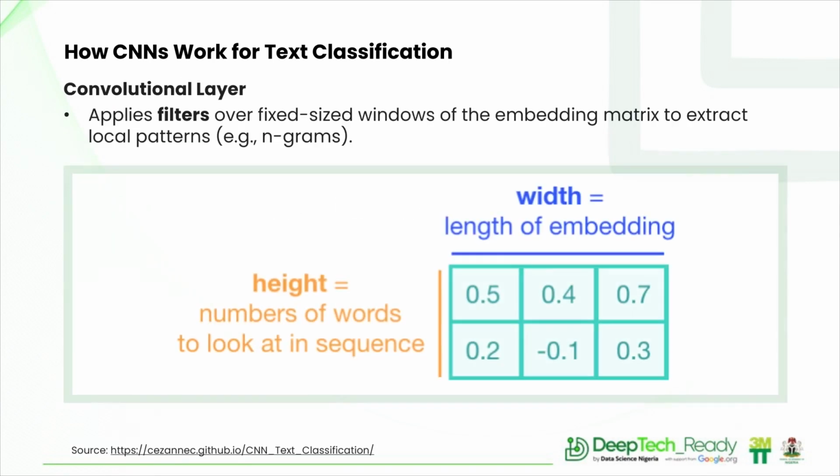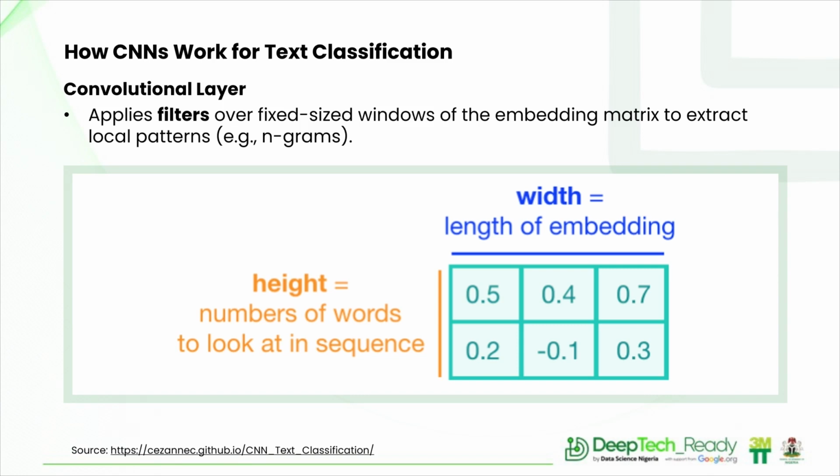Let's now understand how convolutional layers work in text. Basically, they use what we call sliding kernels, similar to image processing, but in this case adapted for word embeddings. So instead of a square for images, they use a rectangular shape to cover multiple word embeddings at once, just like n-grams.